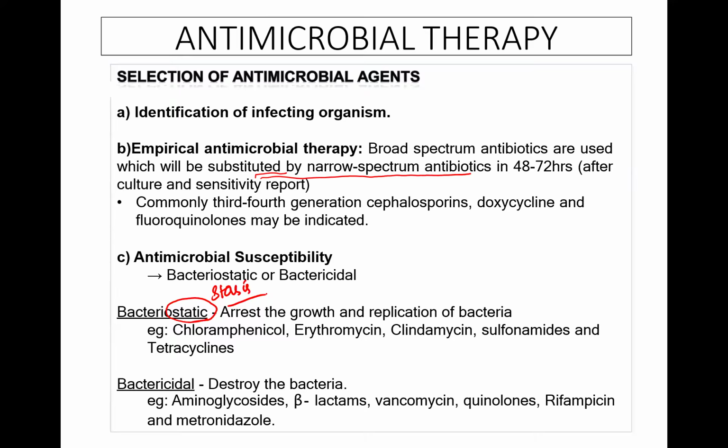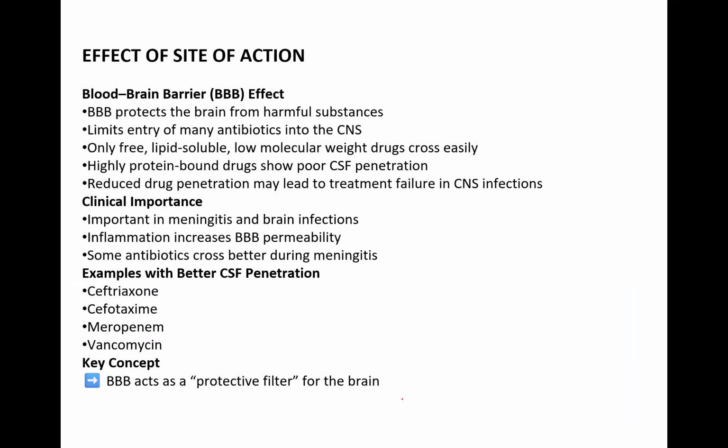For example, chloramphenicol, erythromycin, clindamycin, sulfonamides, tetracyclines. These drugs will stop the growth or replication of the bacteria. Whereas cidal means they are killing the bacteria: aminoglycosides, beta-lactams, vancomycin, quinolones, rifampicin, and metronidazole. These drugs can destroy or kill the bacteria.